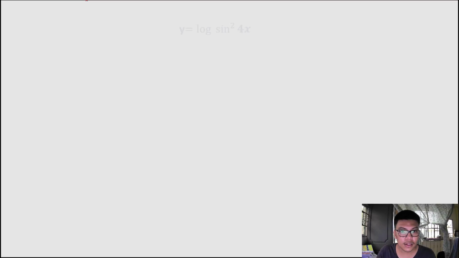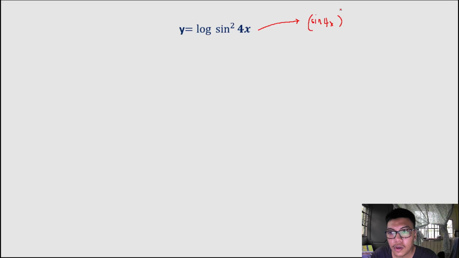Okay, let's have another example. Y is equal to log sine squared 4x. Okay, so kapag ganito, na-mention ko na yung sine squared 4x, yan ay also equal to sine 4x quantity squared, di ba?